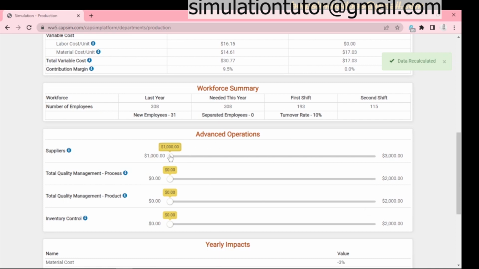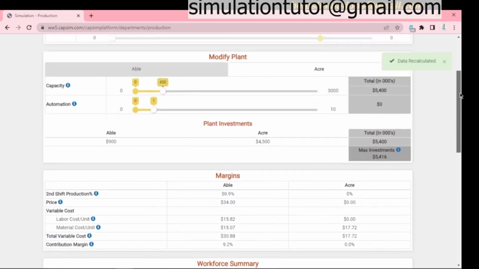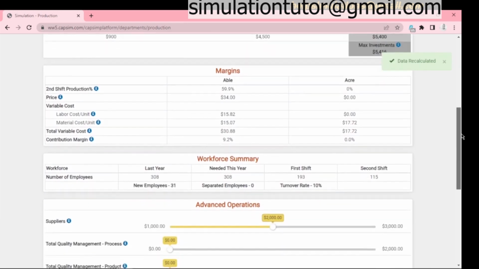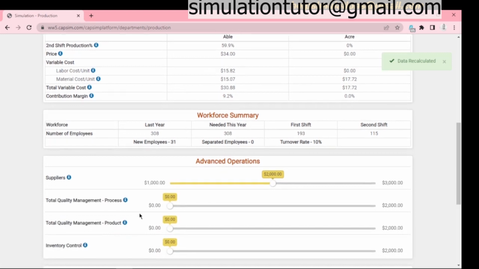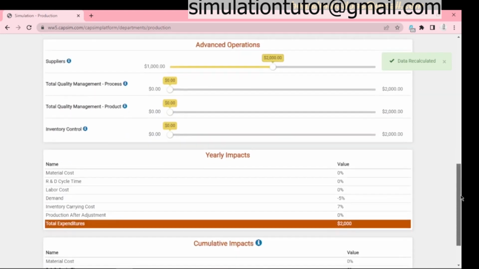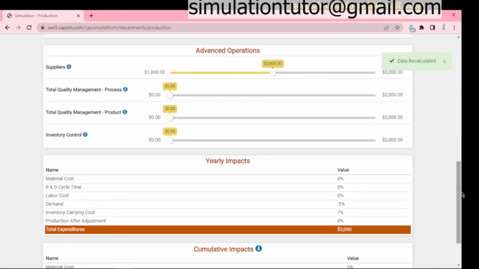So for the supplies, I'll boost it up to about 2000, because boosting it up to 2000 means that you'll use both the local and the global suppliers, and we want to have a great supply base where we don't run short of resources. So I think we'll boost that up to 2000. Total quality management process, let's invest maybe 1000 also in this.